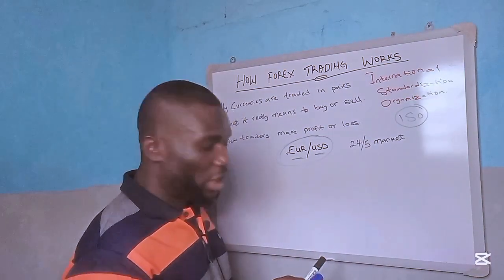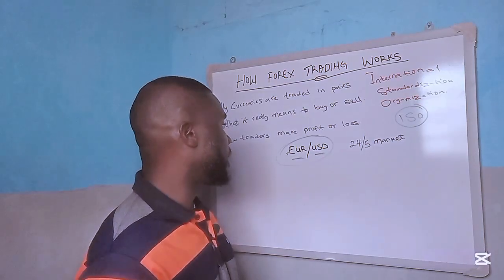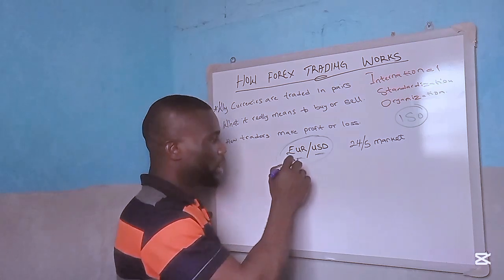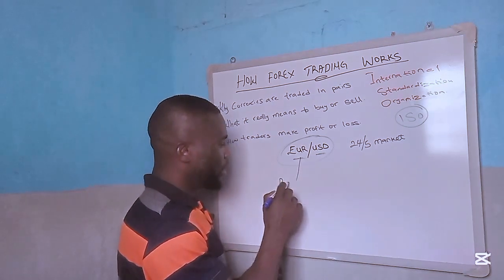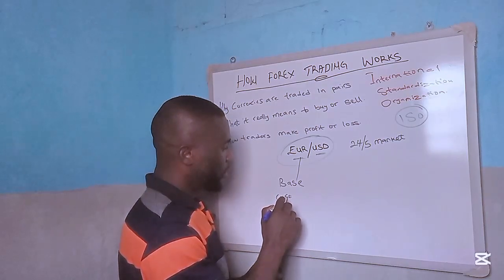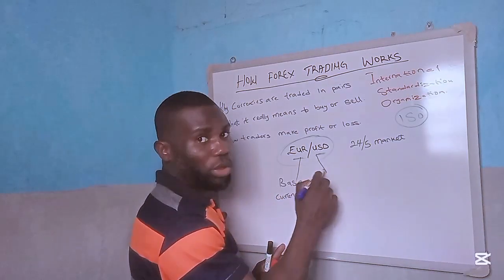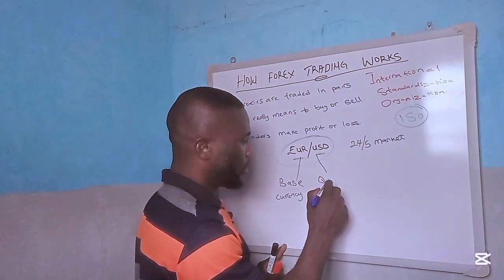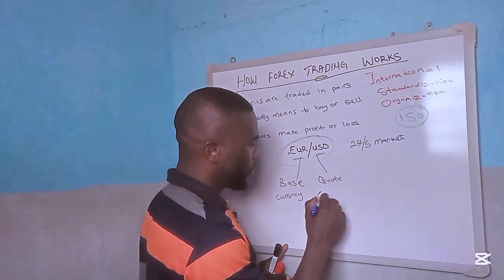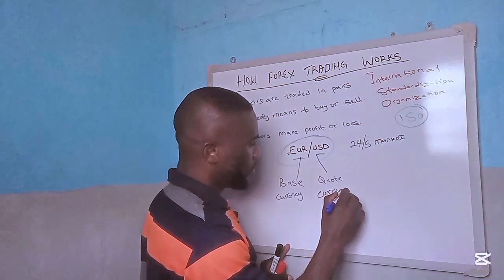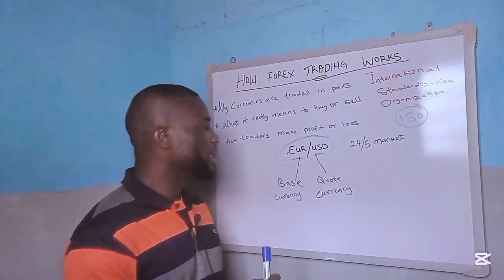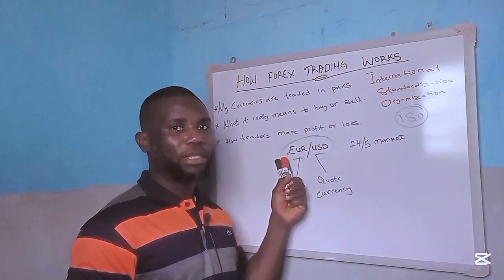Another thing we have to understand is that a currency pair is made up of two parts. This one is the base currency, then this one is the quote currency, which means we are using this to compare this, right?